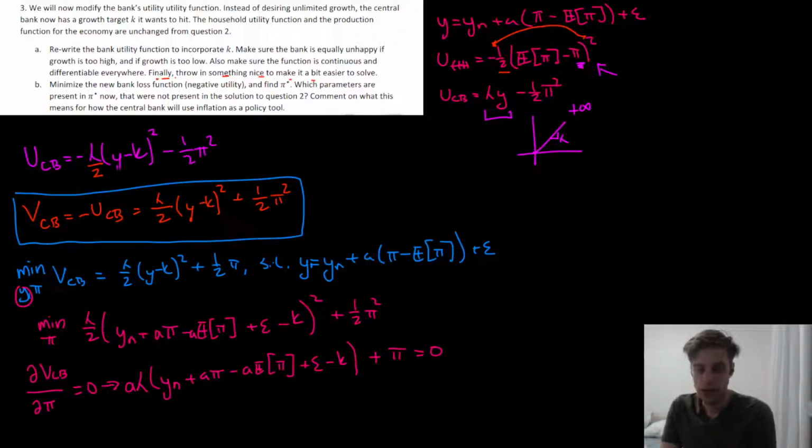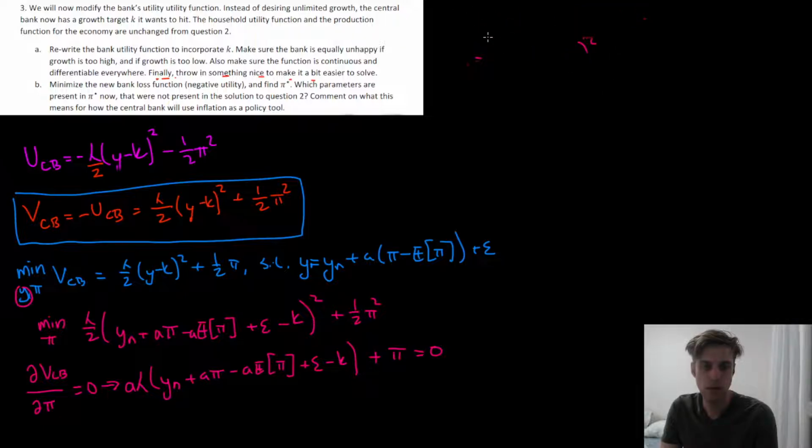Okay, let's get a bit more real estate up here. I don't think we need any of this anymore. Great. Change colors. So now we need to split out the pi's. So we'll have a lambda, and I'll keep the not-pi stuff in here: yn plus epsilon minus a expected pi minus k.